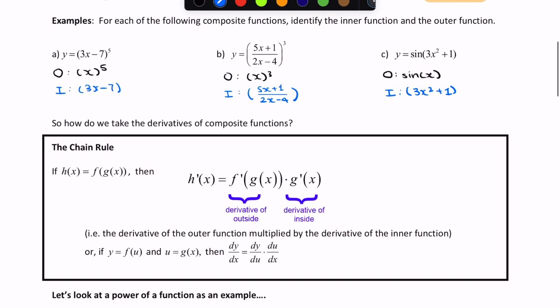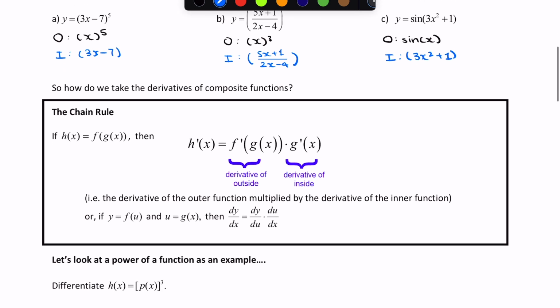So let's take a look at, again, how to find the derivative of these composite functions. So the chain rule: if h of x is equal to f of g of x, then h prime of x is equal to f prime of g of x times g prime of x. So it would be the derivative of the outside multiplied by the derivative of the inside.